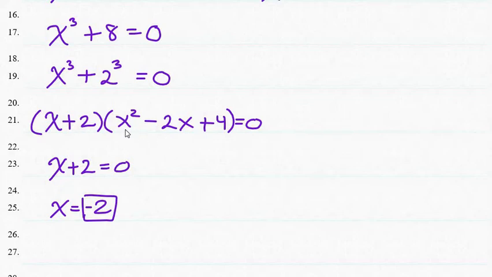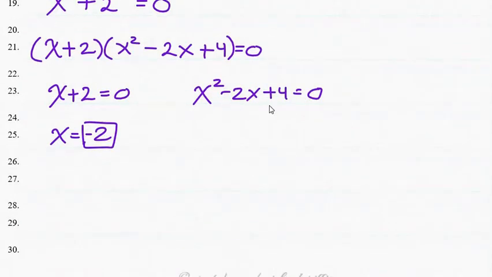Now we must find the solutions for the other factor. We have x squared minus 2x plus 4, set equal to 0. This particular one, we need to use the quadratic formula.